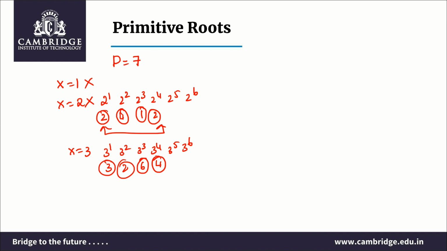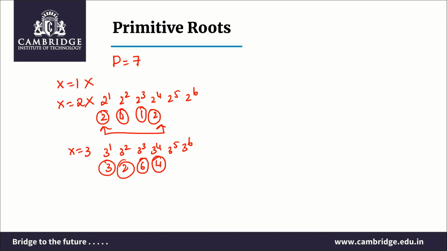Then you do 3 power 5. 3 power 5 is 243.